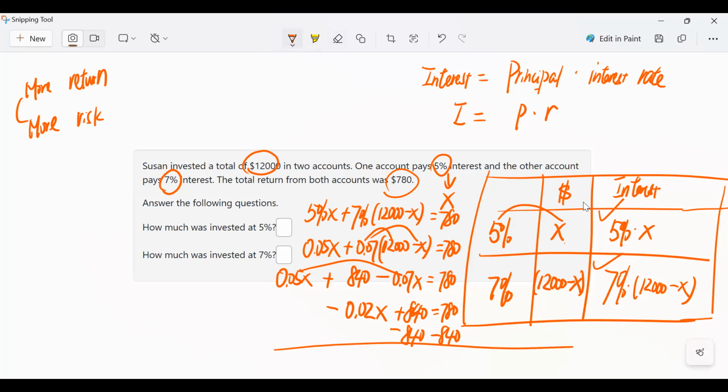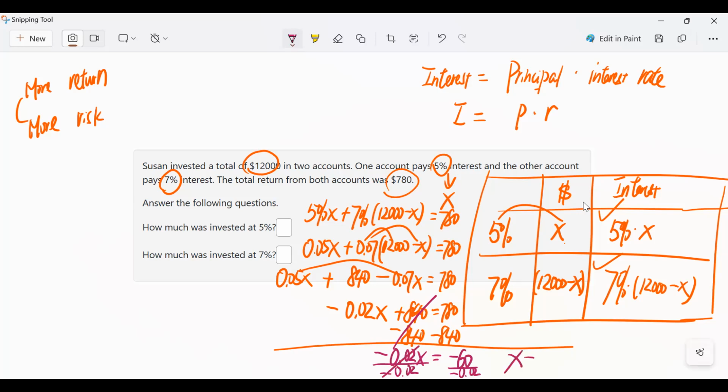Then we cancel the number on the left, so we get minus 0.02X equal to 780 minus 840. A smaller number minus a bigger number is negative; 840 minus 780 is 60. And we divide both sides of the equation by minus 0.02.